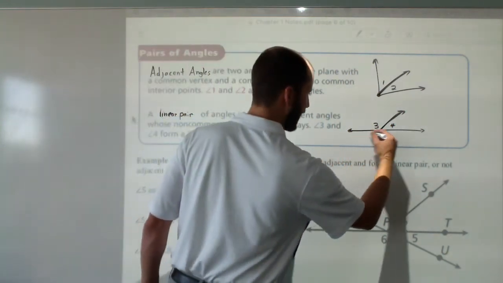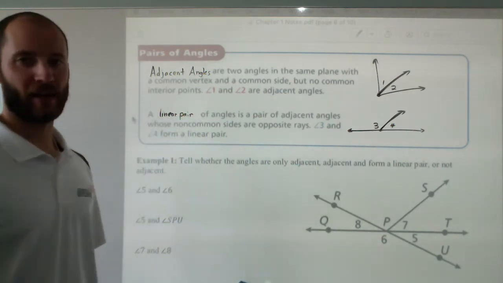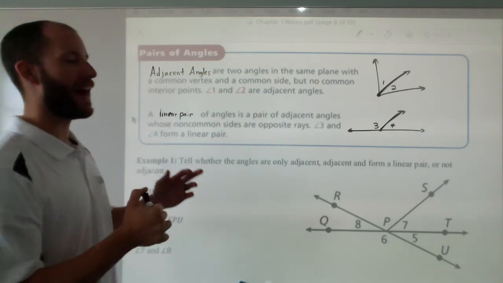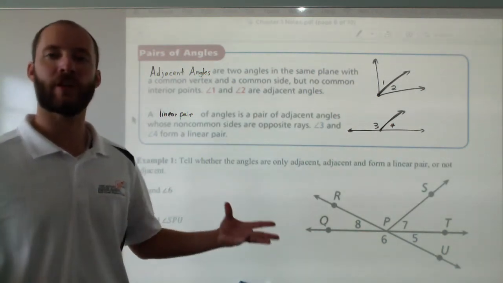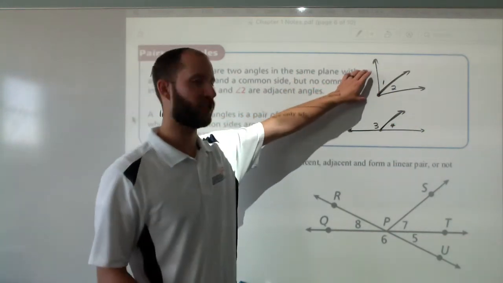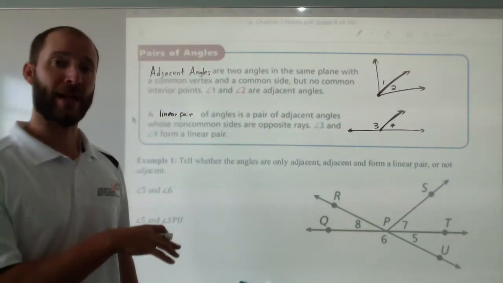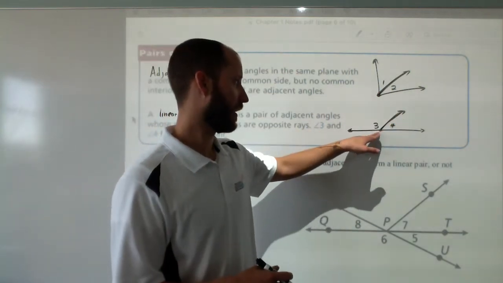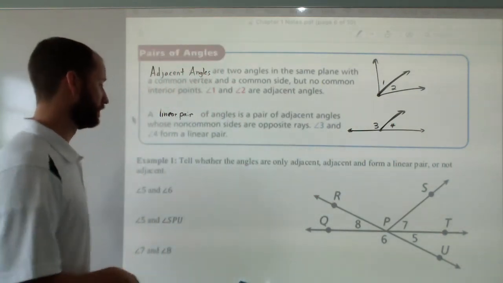So they form a line, a linear pair. Special type of adjacent. So you can have angles that are not adjacent to each other. They're not next to each other. They overlap. Something's wrong with them. They don't fit this definition. But you can have adjacent angles that form a linear pair. They're adjacent. They're directly next to each other. And they form that line.